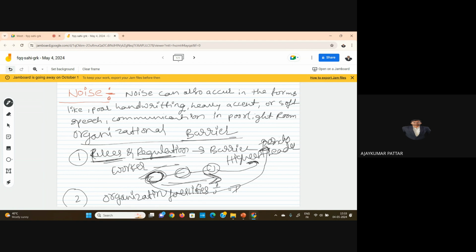For example, lack of internet facilities, lack of computers. If I want to mail some official matter to another college, and there is no internet facility in that organization, that acts as a barrier in effective communication. So this is called an organizational barrier.